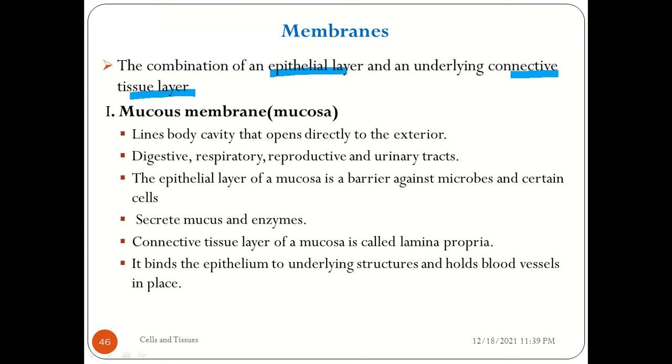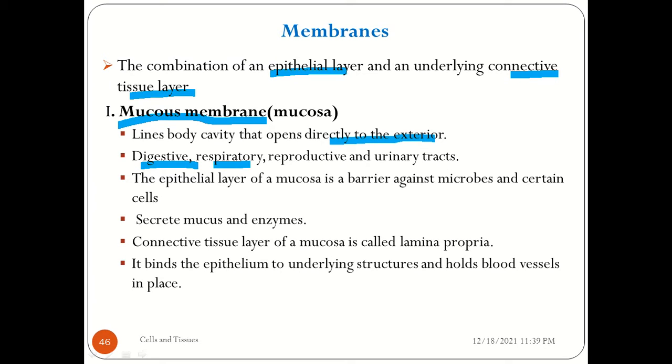The types of membranes are: one is the mucous membrane, which lines the body cavity that opens directly to the exterior, like the anus and mouth. The digestive, respiratory, reproductive and urinary tracts.